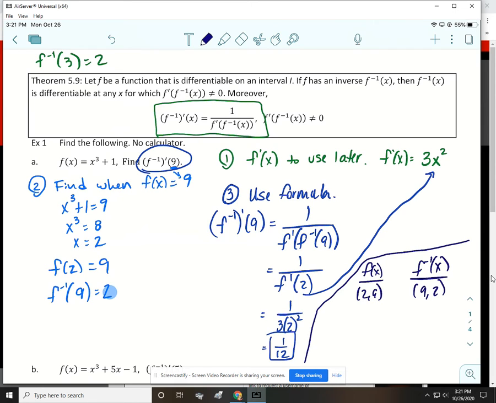All right, so that means that f prime of 2 and f inverse prime of 9 are reciprocals. So if I did f prime of 2, I'm going to get 12. And then I just found f inverse prime of 9, and I got 1/12. So that checks out.